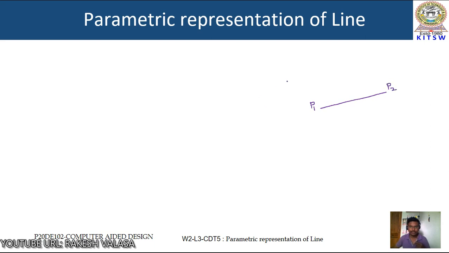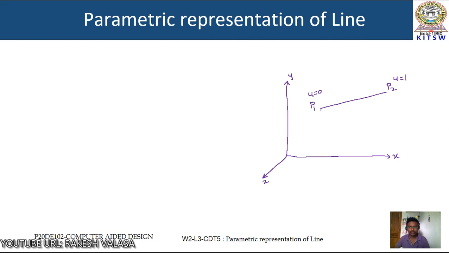This is the X axis, this is the Y axis, and this is the Z axis. Now let us take parameter U. At P1 the value is minimum, U equal to 0, and at P2, U equal to 1.